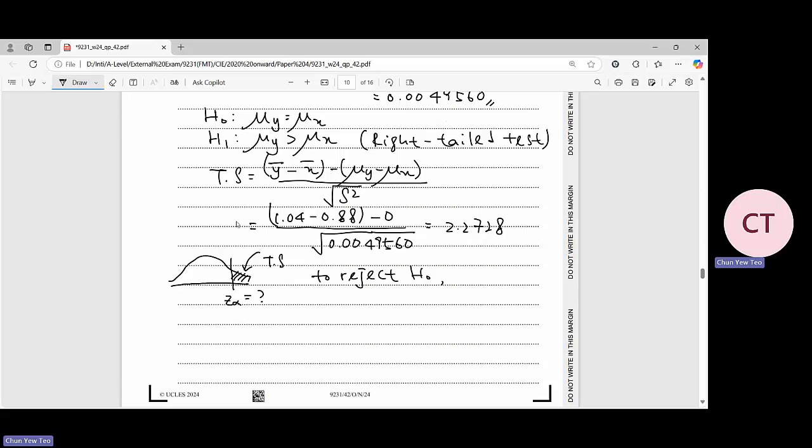This test statistic is a Z. I forgot to write Z. So the Z must be in this region. The test statistic must be greater than or equal to the Z alpha. So the Z alpha is less than or equal to 2.2728.